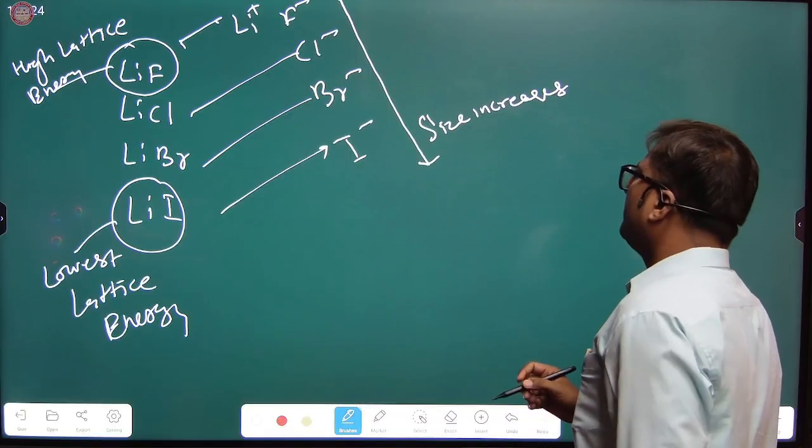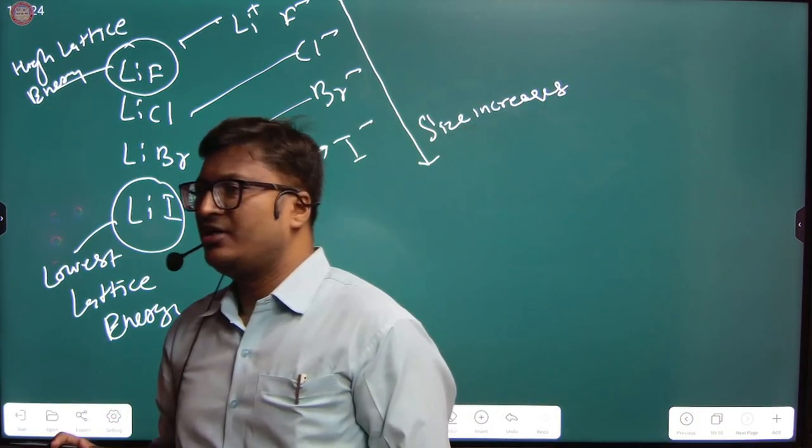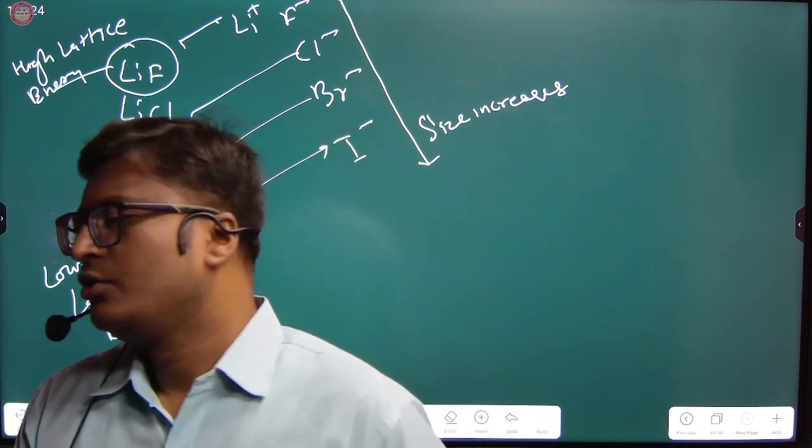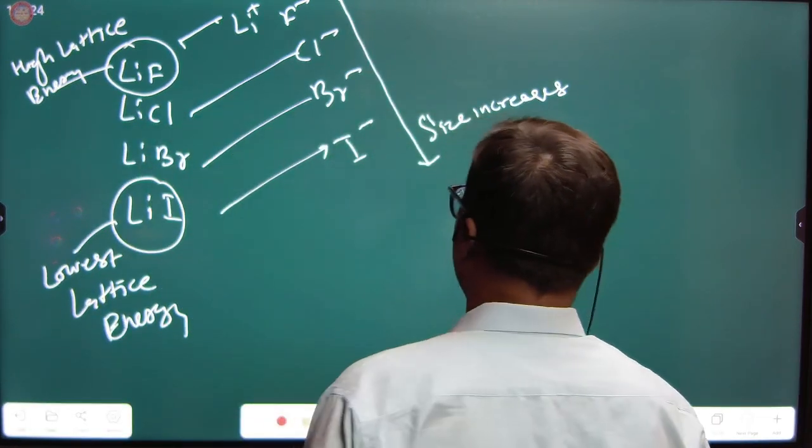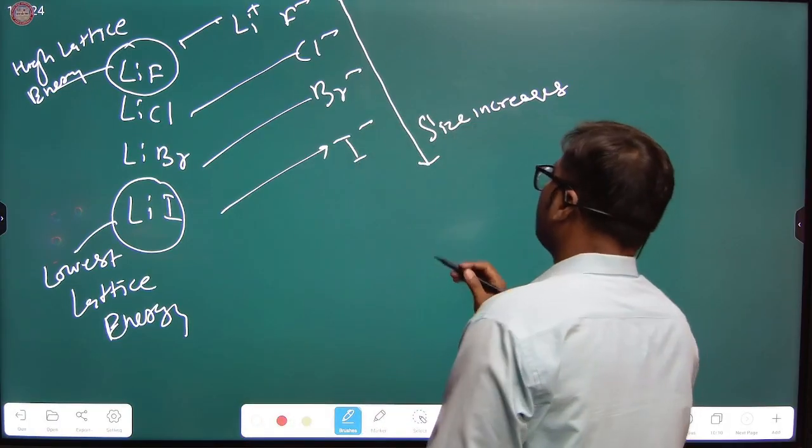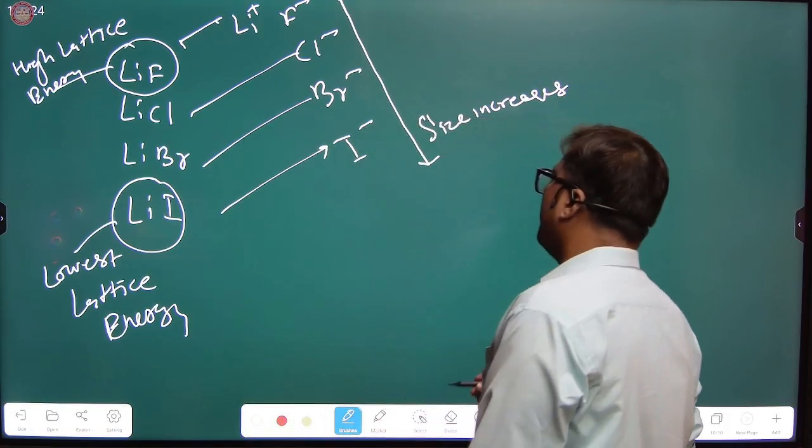This is the explanation of lattice energy, which depends on the size of the cation and anion.